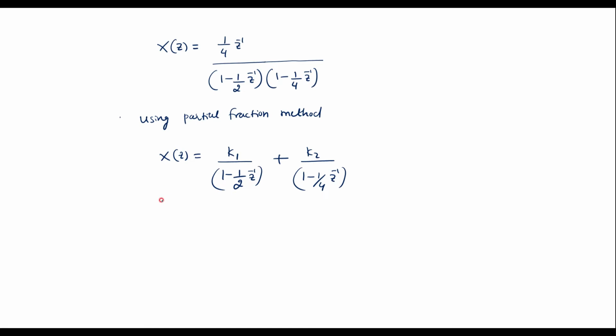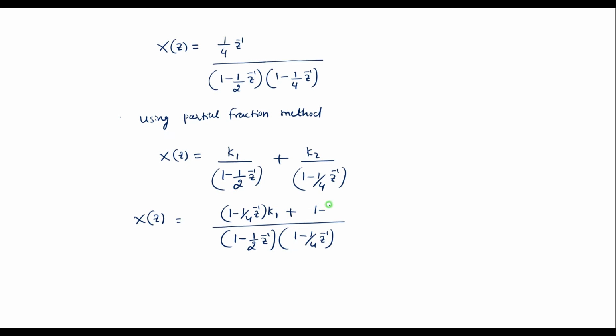Simplifying this, I can write x of z is equal to, over the denominator 1 minus 1 by 2 z inverse times 1 minus 1 by 4 z inverse, the numerator 1 minus 1 by 4 z inverse times k1 plus 1 minus 1 by 2 z inverse times k2.